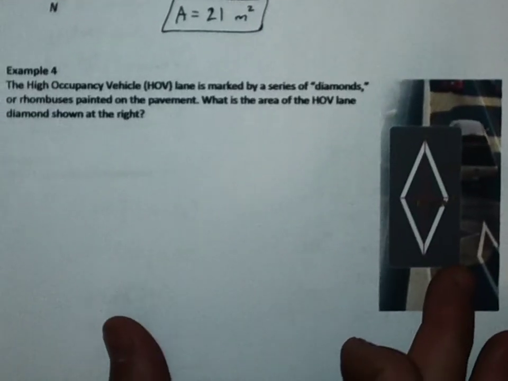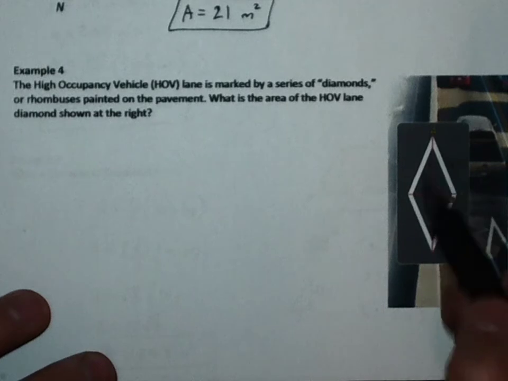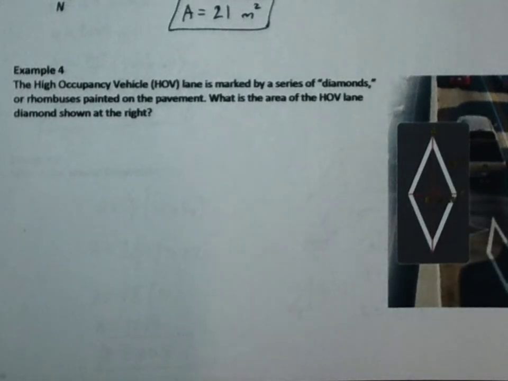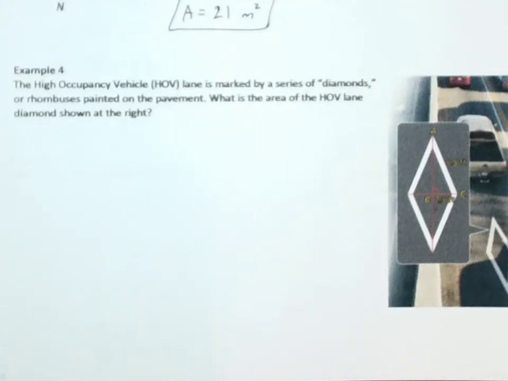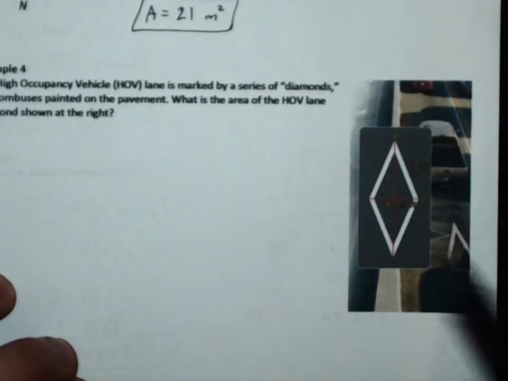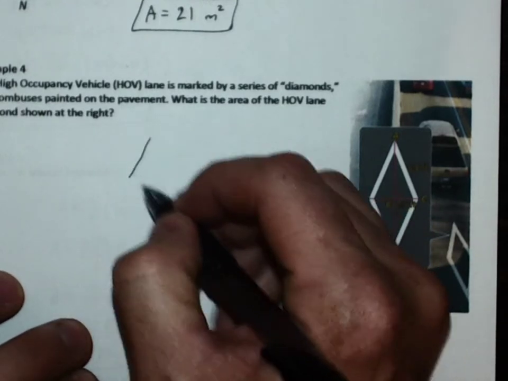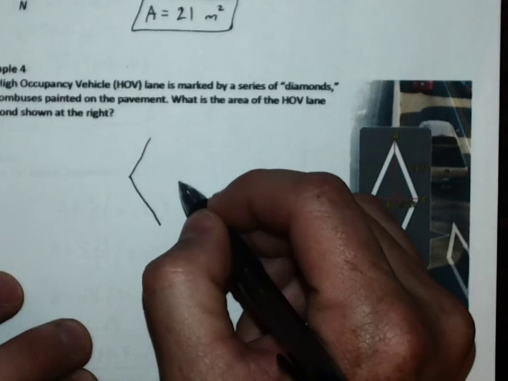Last but not least, I'm sure you guys have seen this shape right here on the roads before. It's called the HOV line. Hopefully you have it in front of you as well. But there's some numbers written here. We have, in this case, a rhombus. All the sides are equal.